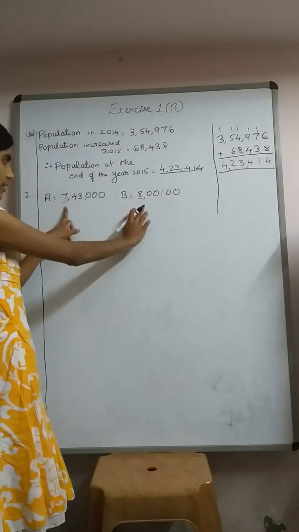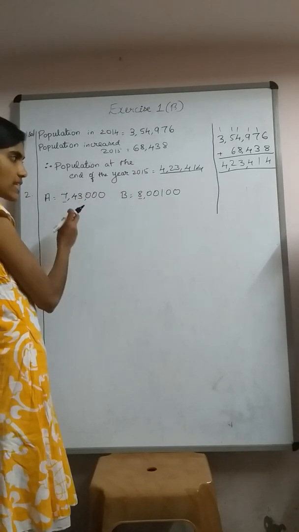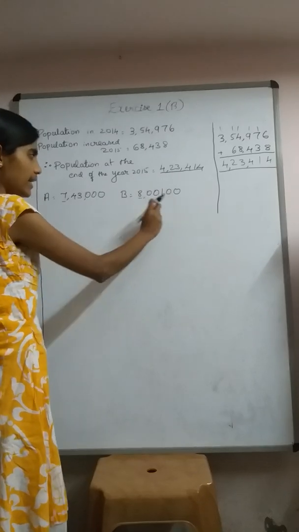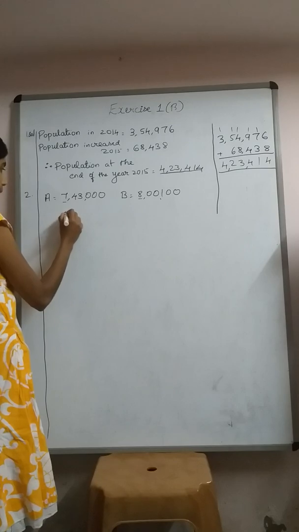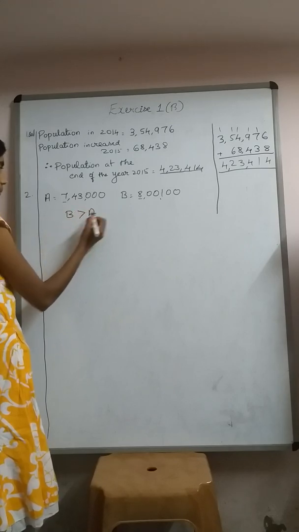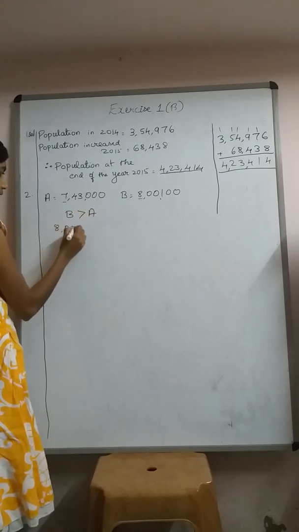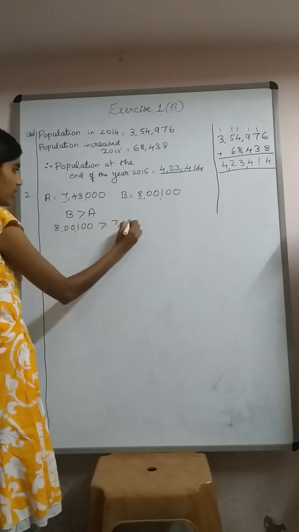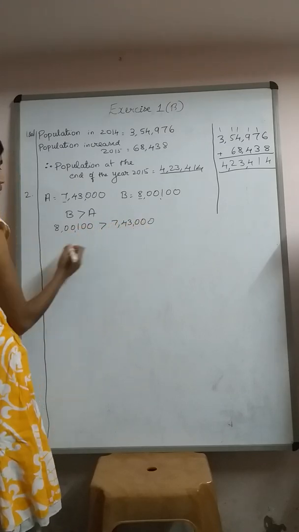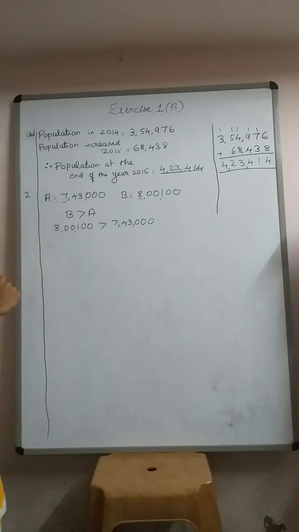When you compare 7 and 8, 8 is greater than 7. So you will understand that 8,100,000 is the largest number. So we can say B is greater than A. So we can write here 8,100,000 is greater than 7,43,000.